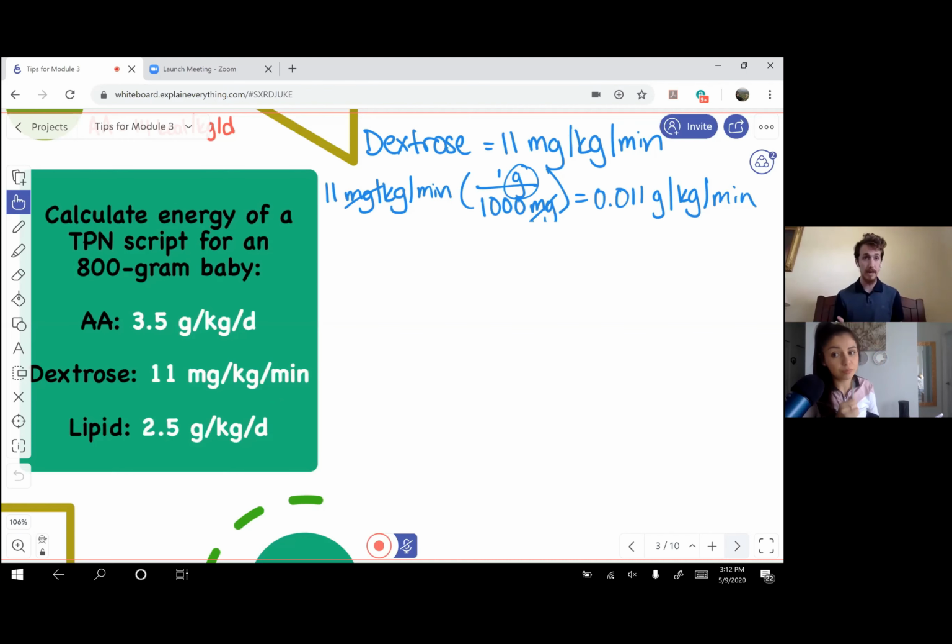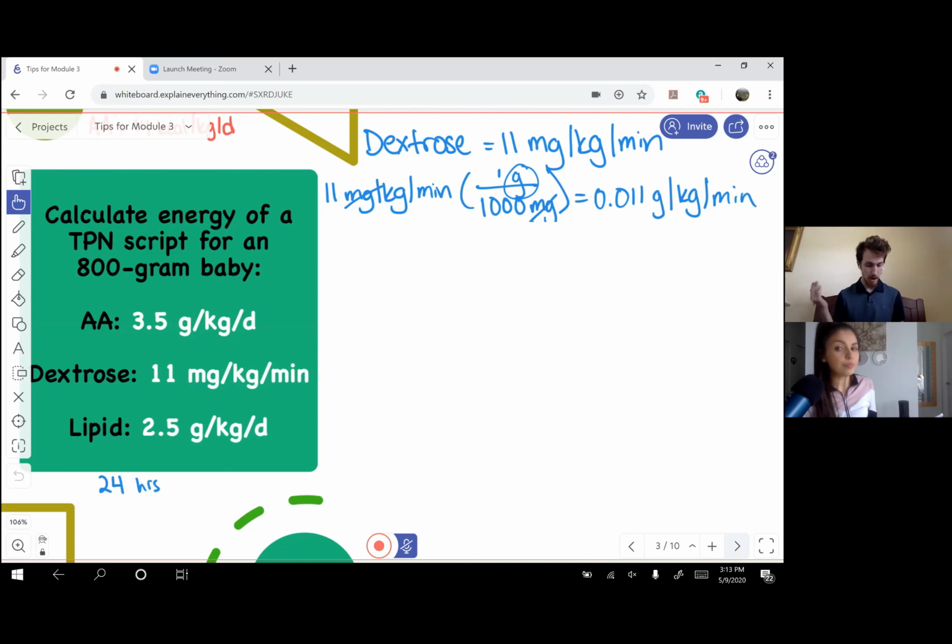That's not provided in the question. But TPN scripts can run between 22 hours, 23 hours, sometimes 24 hours per day. We don't know exactly for this question, so we're just going to assume that it's running for 24 hours a day.